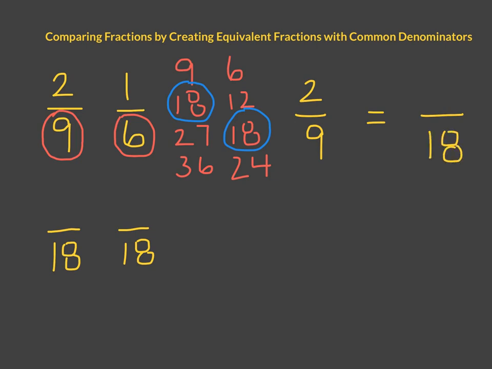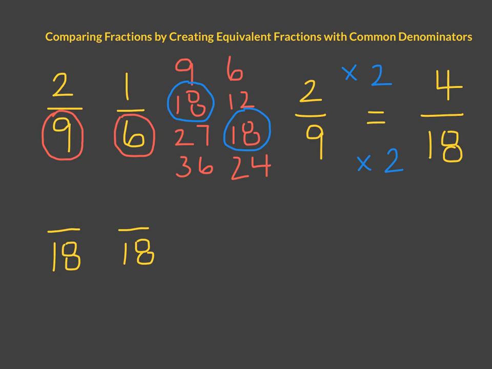We have to determine what number multiplied by 9 is 18. 9 multiplied by 2 is 18. Therefore, we have to multiply the numerator by the same number. 2 multiplied by 2 is 4. So 2/9 is equivalent to 4/18.